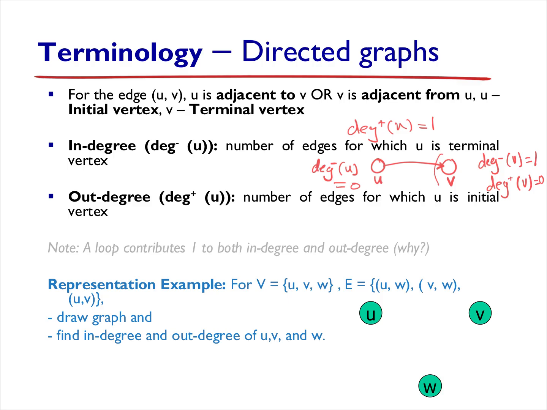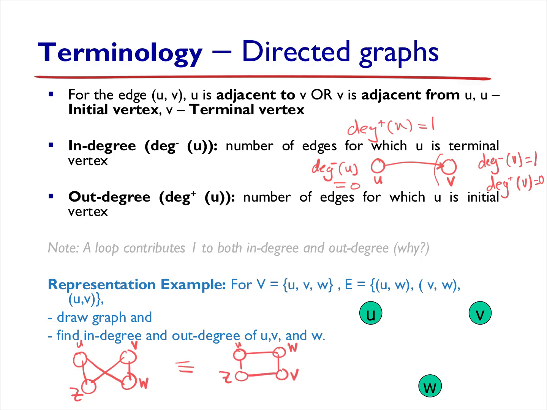So for example, if you have this graph with U, V, W, Z, this is exactly the same as this graph, which will look like this.